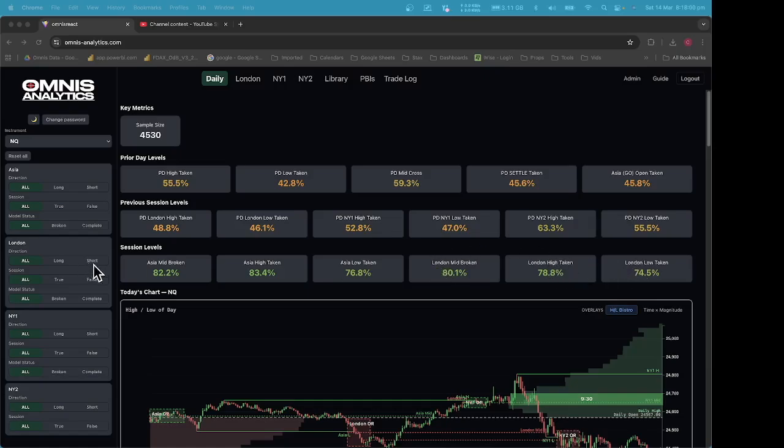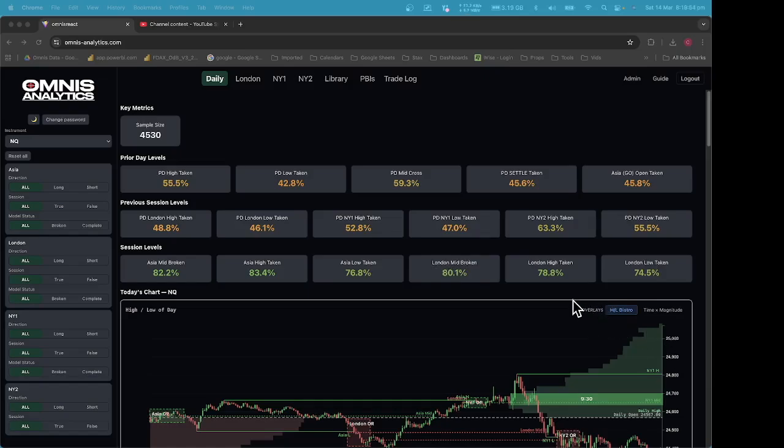We must remember that the model status, Asia mid broken or London mid broken, can only break after that session is completed. So Asia can't break during Asia, but it can break during London and New York. And London can't break during Asia because London hasn't happened, can't break during London because it's still in play, and therefore can only break during New York 1 and New York 2.